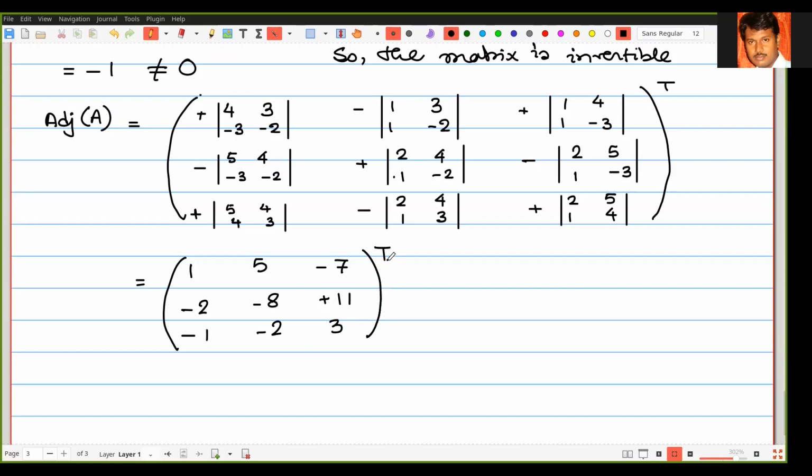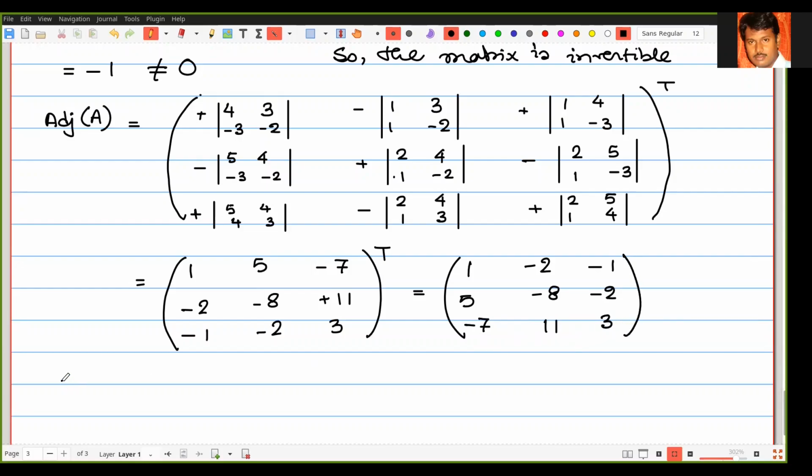Then the transpose, and that one is equal to, after transpose, 1, -2, -1, 5, -8, -2, -7, 11, 3.